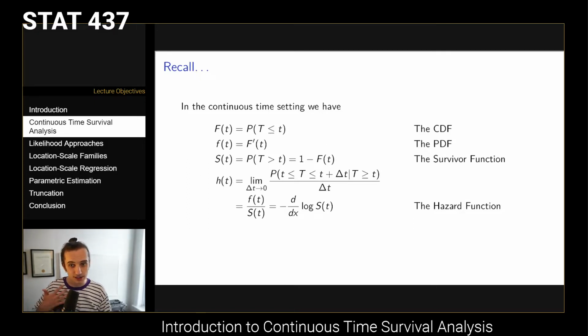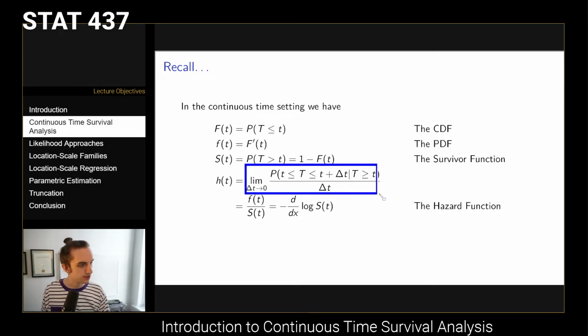The hazard function is interpreted in a similar way as it was in the discrete time case, but because we're dealing with continuous variables here, it's no longer a simple probability statement. So instead, we use this limit definition, where we're saying it's the limit that t falls into some shrinking interval, assuming that t is at least the time now.